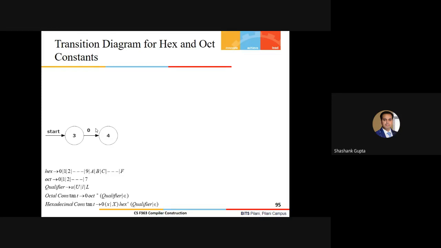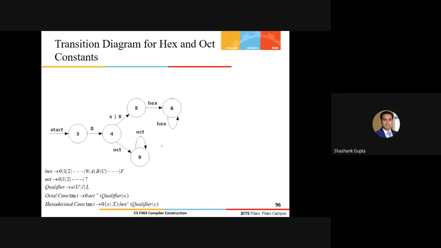Fine. What should be the next step? It's in front of you guys. Simultaneously with respect to the hexadecimal and the octal constants. For the octal part it is very clear that I have to read at least one octal digit, and that has taken me from state 4 to 9. And after that, I can read any number of octal digits in any order.